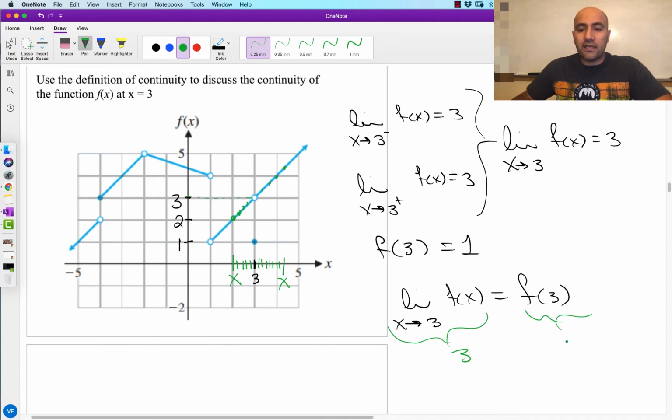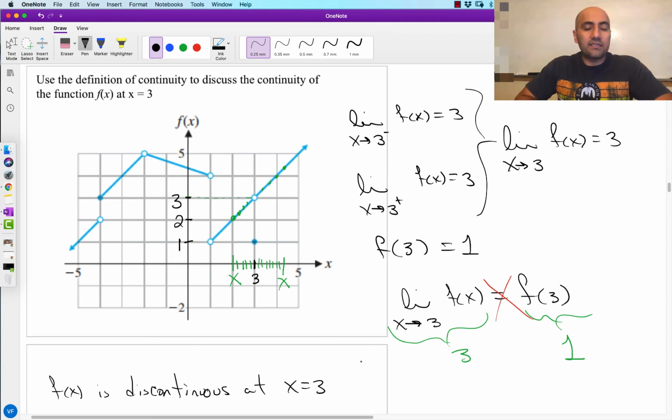And on the right-hand side, this does exist, but it equals 1. Therefore, they don't equal each other. So once again, I can say that this function is discontinuous at x equals 3. f of x is discontinuous at x equals 3.